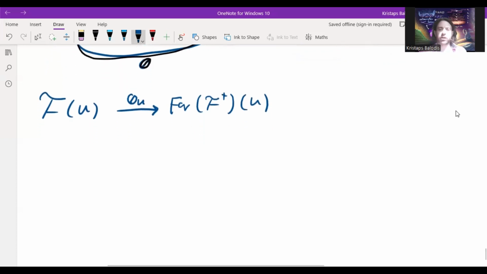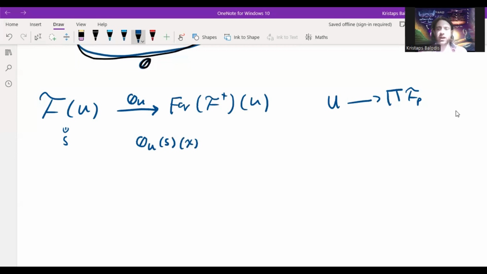So in particular, I need to produce some function from U to the product over all the stalks. Suppose I had some s in here. What am I going to send it to? Well, this is a function defined on U, so it's enough for me to tell you where it sends each point x.